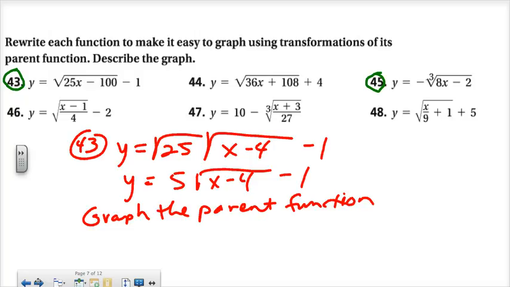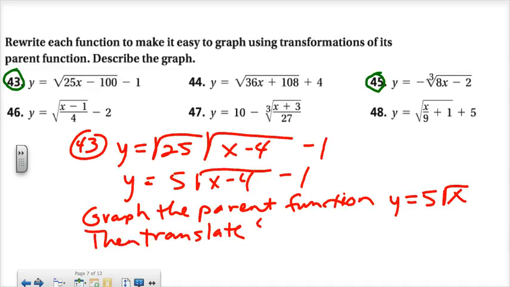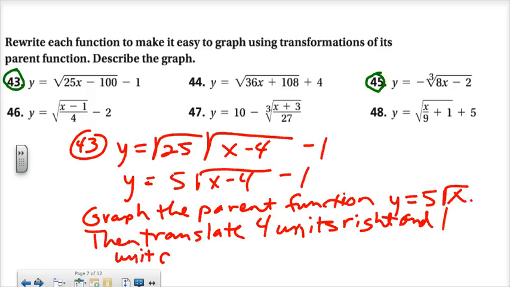And that parent function would be y equals 5 square roots of x. Then translate. So we would translate 4 units right, because h is going to be a 4, and 1 unit down. So very similar to the ones that I did earlier.